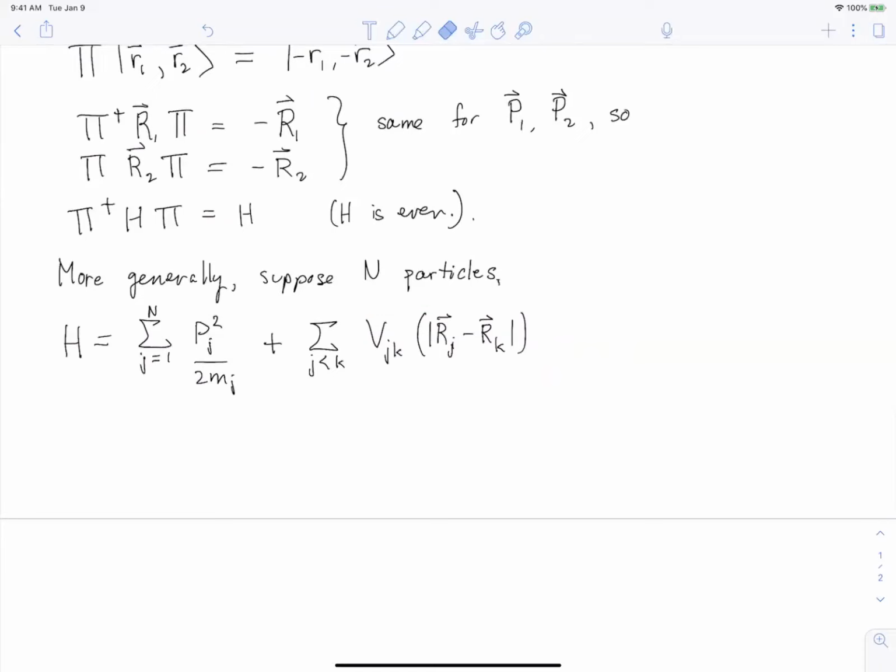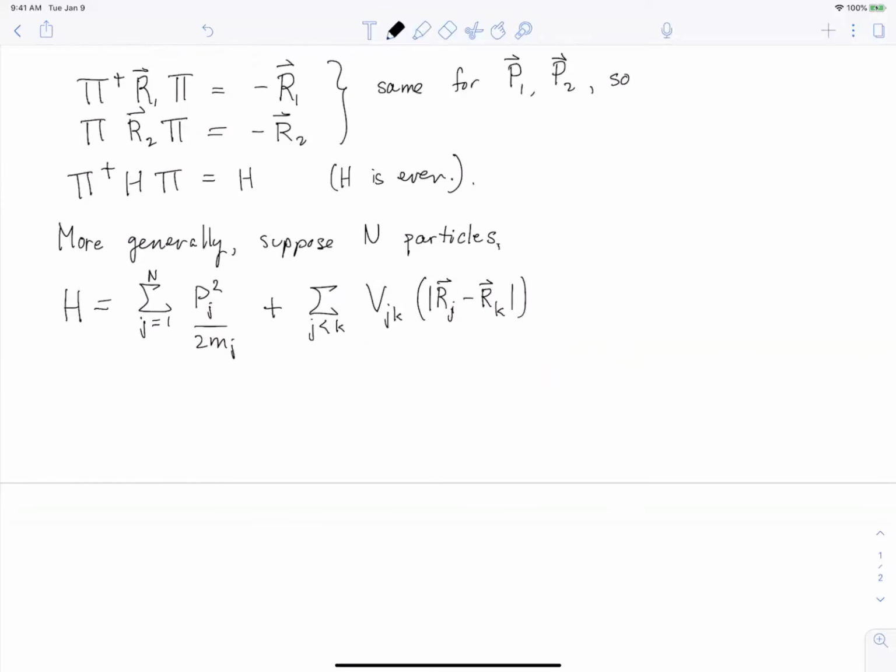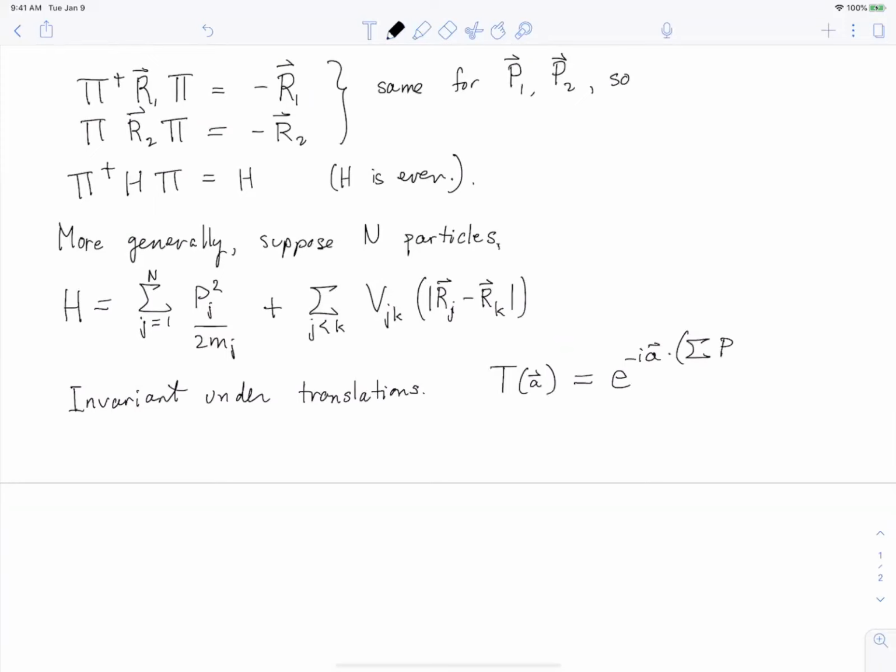Okay, so this is invariant under translations. I'm just stating that this is true because the algebra is pretty much the same as what we did for two particles. But first I should tell you what the translation operator is, and it's just a nice generalization of the two-particle case. It's the exponential of minus i, a, the vector, dotted into the sum of all the momentum operators, all divided by h bar.